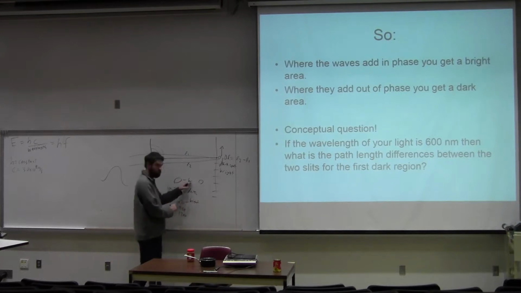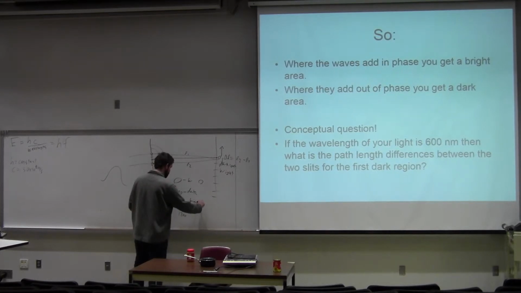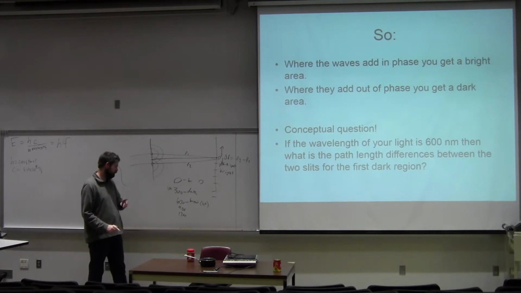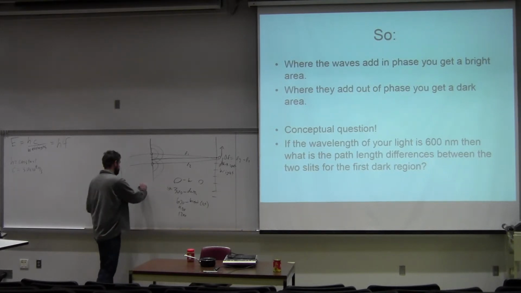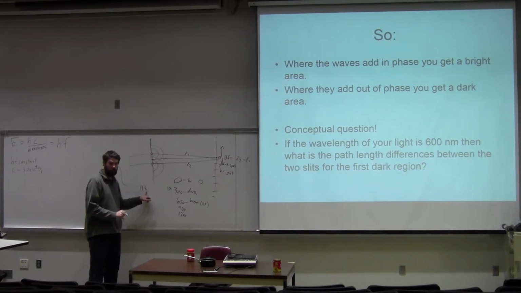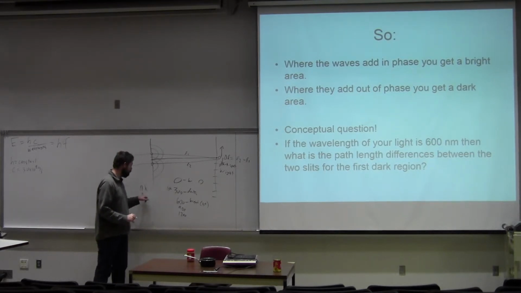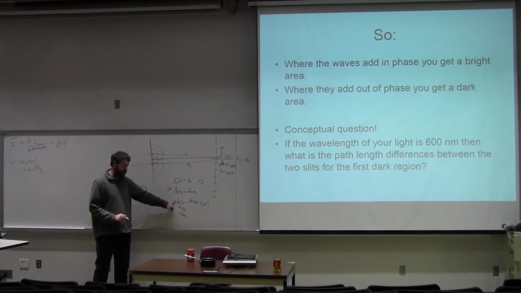This one's the central bright spot, and this would be basically one wavelength, so this would be first order. I think I called it second order before, but it's actually first order because if you do n times lambda, where n is the integer number of wavelengths, this is 1 lambda, so that's first order.